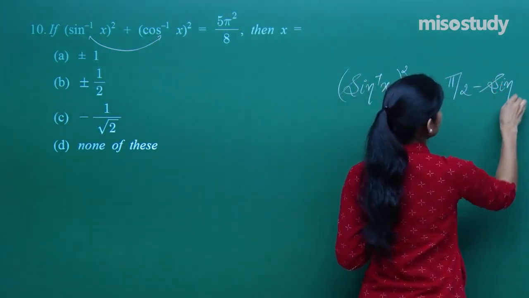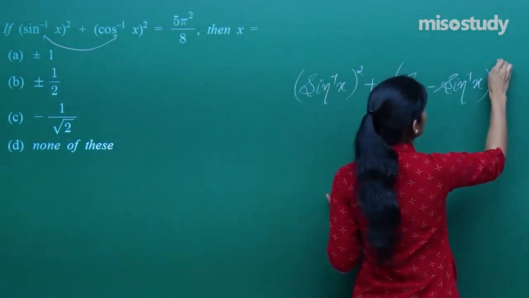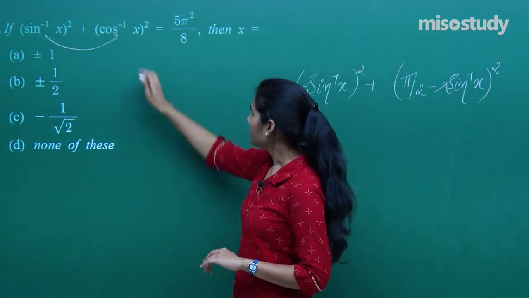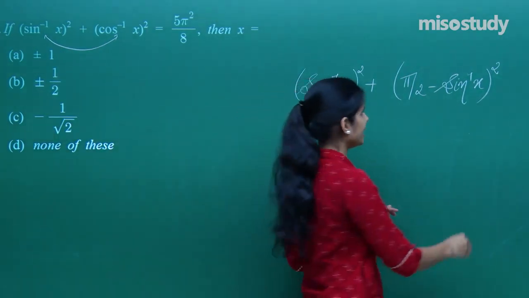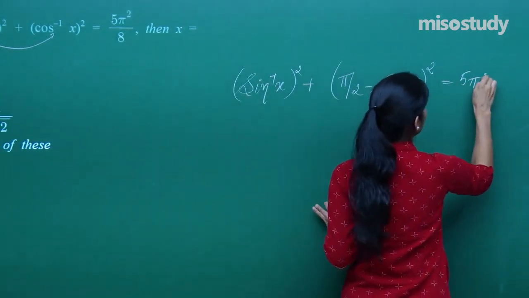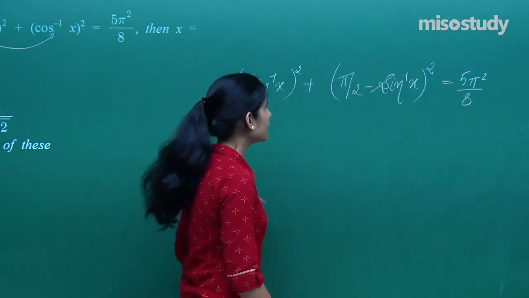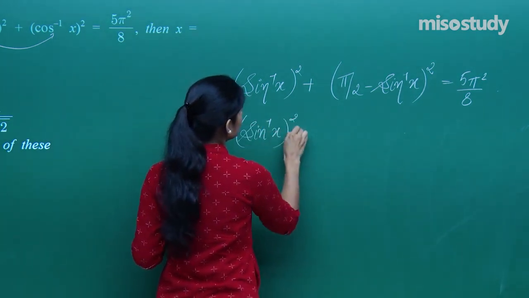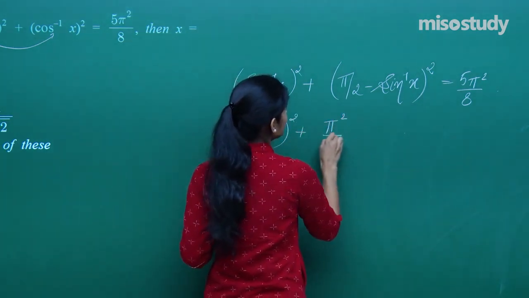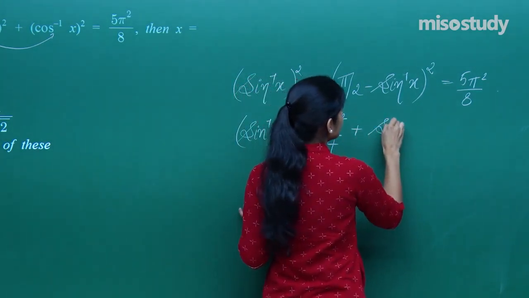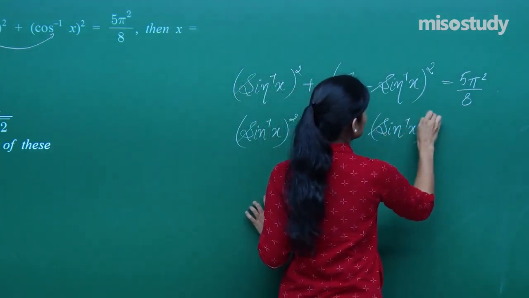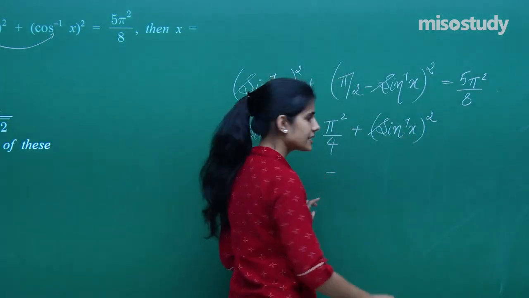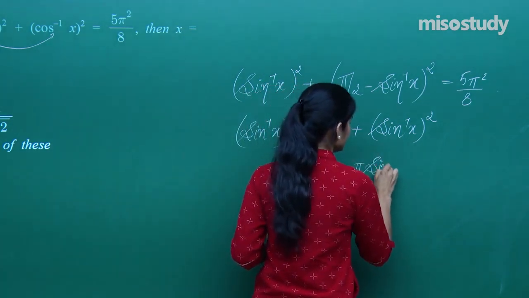So that everything is just converted in terms of one single trigonometric function, which is sine inverse. So, that is what is given to us as 5 pi square by 8. Let us open this stuff up. You have sine inverse x whole square plus pi square by 4 plus sine inverse x whole square minus twice of pi by 2 into sine inverse x, that makes it pi sine inverse x.